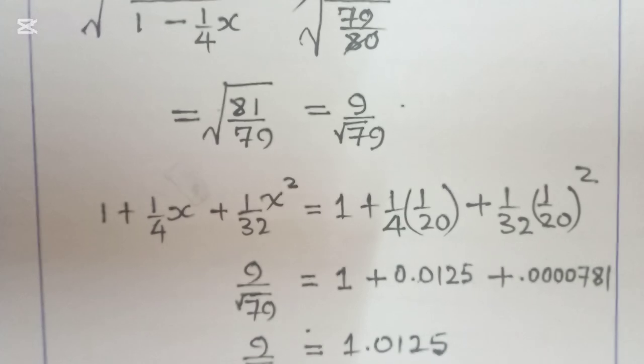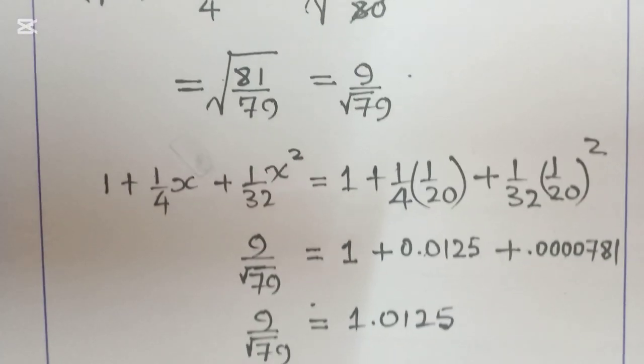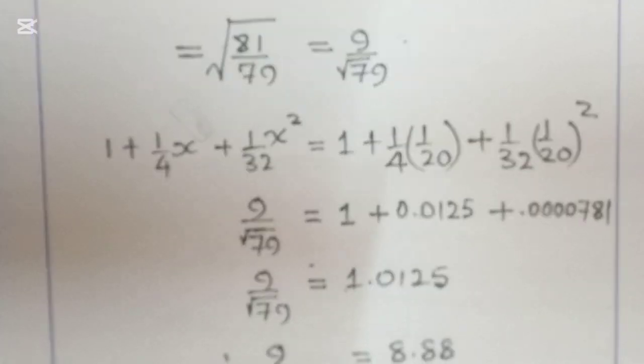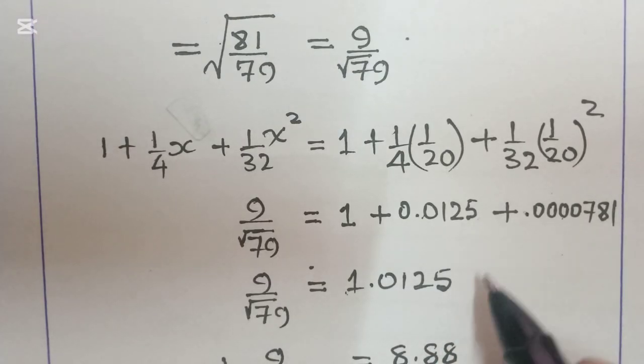And then guys, we add those ones. Once we add them, I got this. Now I can make the square root of 79 my subject of the formula. When I do that, I will have something like this.